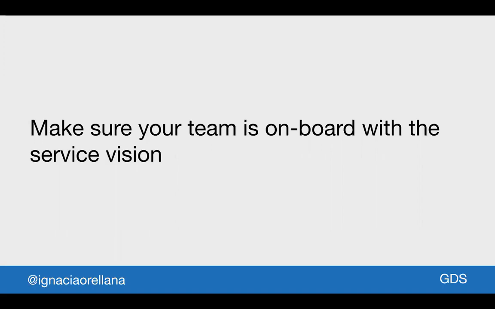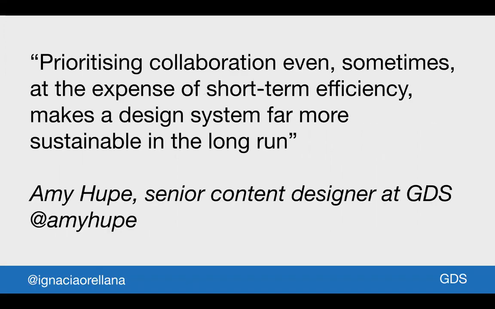Convincing the team, but also users and stakeholders, that it is a worthwhile thing to do is hard, but it is something worth investing in to make it sustainable over time. This is a quote from a colleague, senior content designer here at the design system team, Amy Hugh, who says, prioritizing collaboration, even sometimes at the expense of short-term efficiency, makes the design system far more sustainable in the long run.